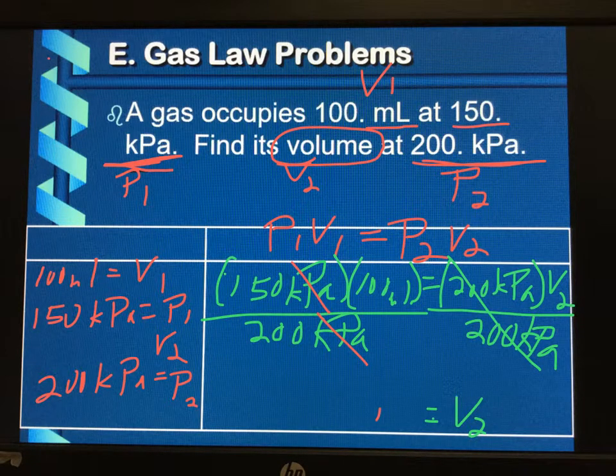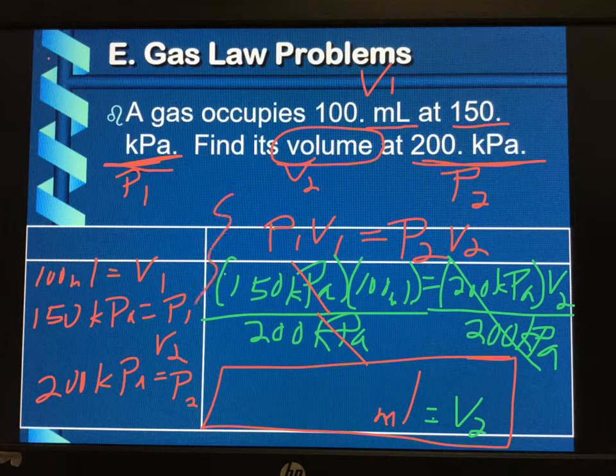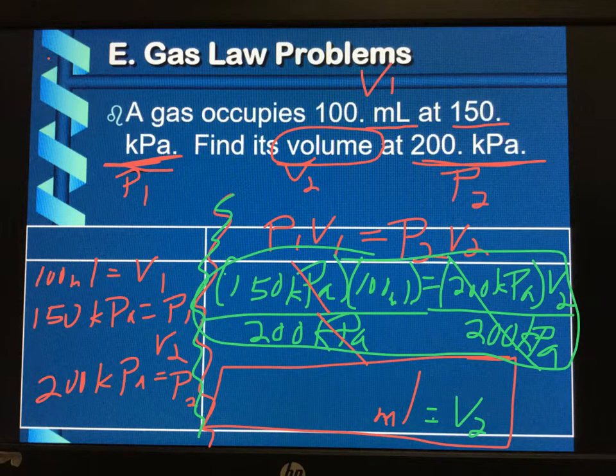So what's left is my milliliters, right? Okay, and that's going to be your answer. But you must show all of this. You must show all of your work. Okay? Because all of this is what's going to count. This is 50% of your score, of your points. And then the rest is your other 50%.